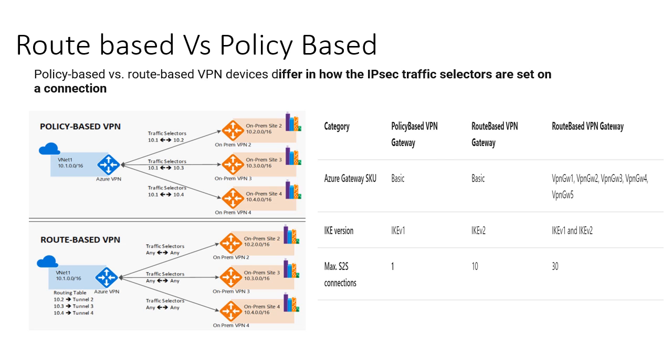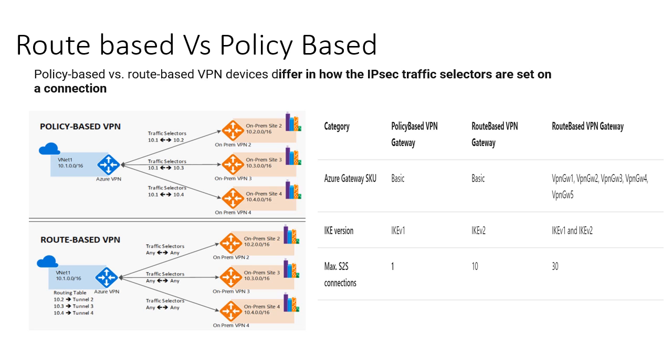But for route-based gateway devices, you use an any-to-any wildcard traffic selector and let the routing or forwarding table direct traffic to different IPsec tunnels. It is typically built on router platforms, where each IPsec tunnel is modeled as a network interface or virtual tunnel interface. So it's any-to-any, based upon IP prefixes. That is the main difference.